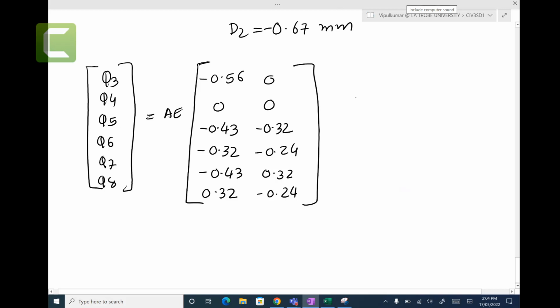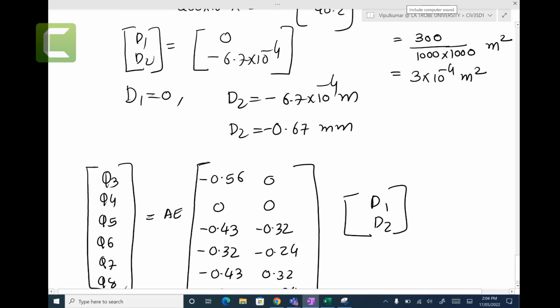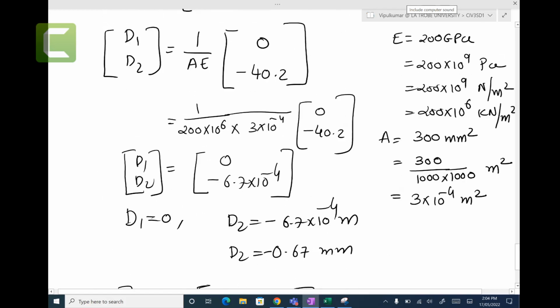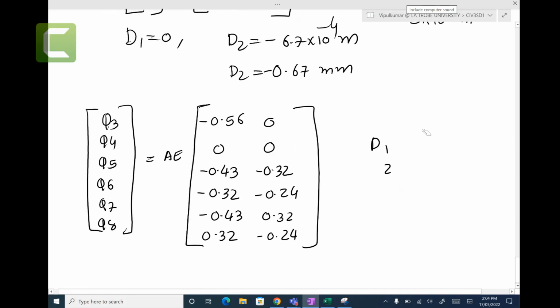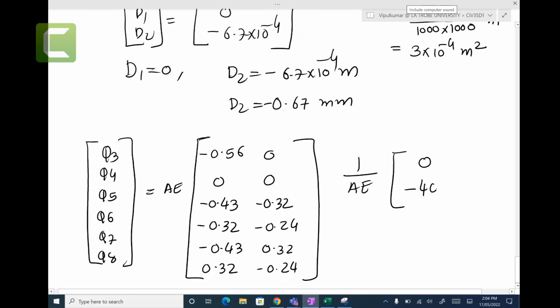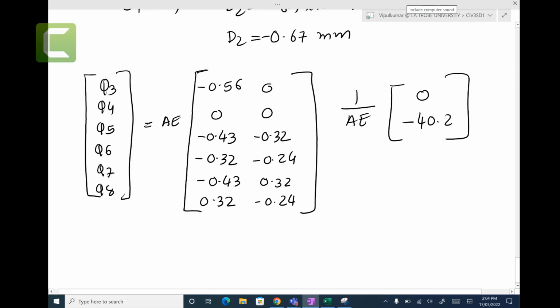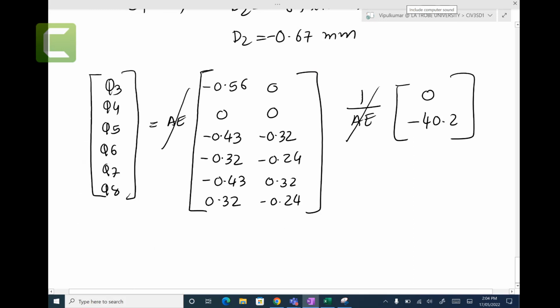Okay. And then you have D1 and D2. You can check it. Then we just substitute D1 and D2, which is 1 over AE times 0, minus 40.2. So we can cancel these AE and AE.